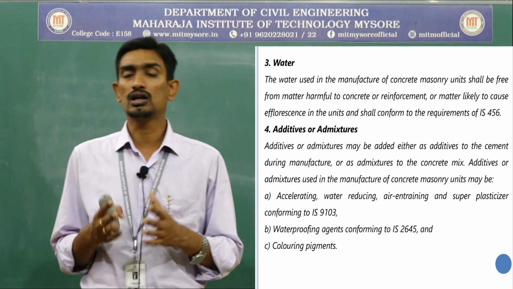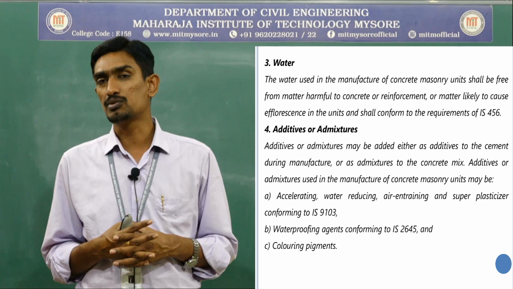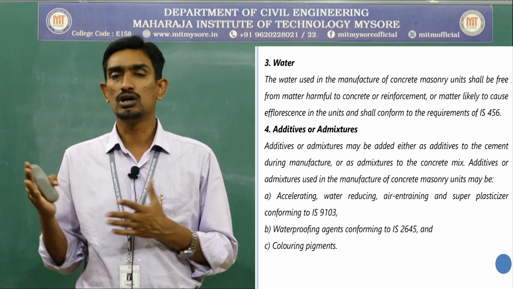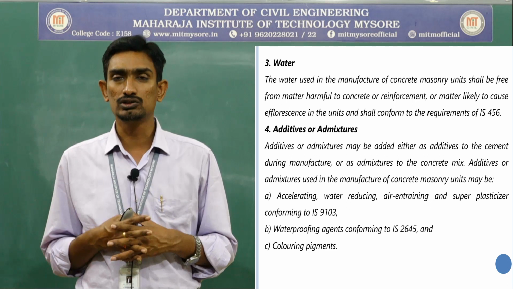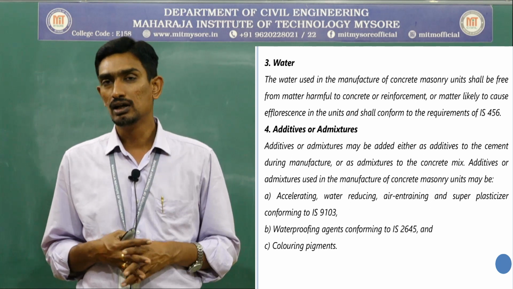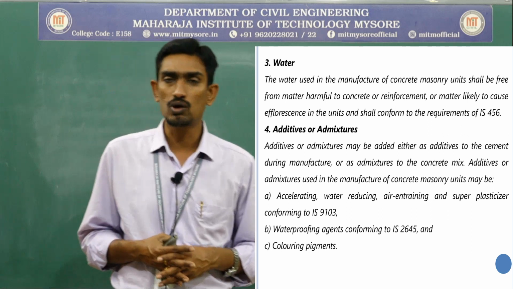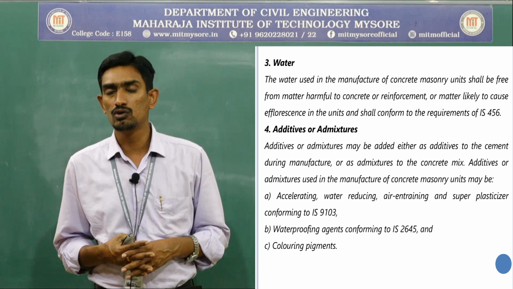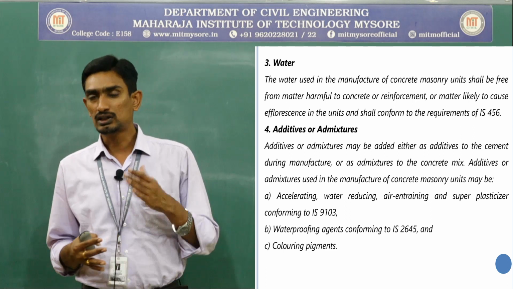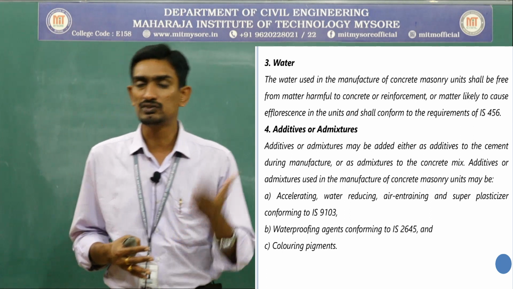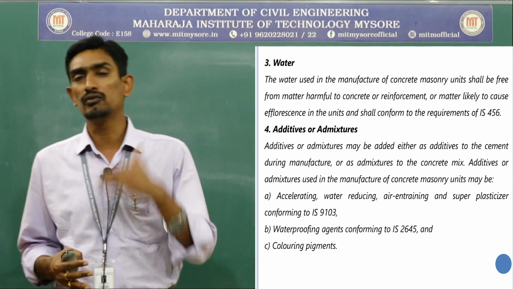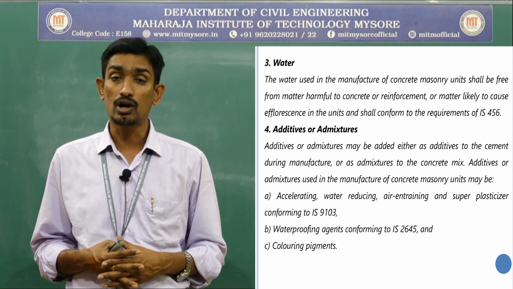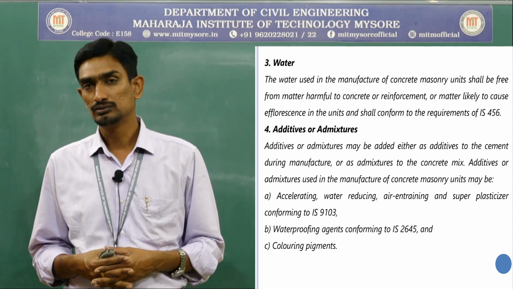Because if the water contains deleterious substances, for example more chloride or other chemicals, it will damage the concrete. So in order to overcome this, we need to test the water before we use it, and that's why water which is fit for drinking can be used for construction, or for the production of concrete blocks.